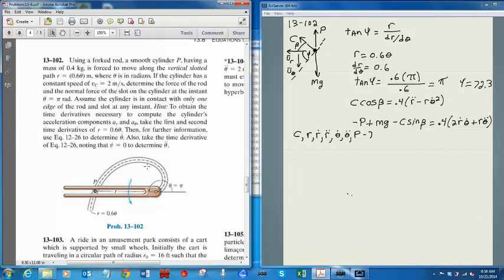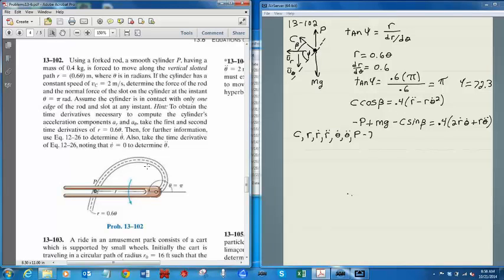Now, because the degree of freedom of this is 1, if I am given one motion, one term with a dot on it, I should be able to find all of the terms. If I'm given one term without a dot, the position, I should be able to find all the others. So I'm given that the position theta is pi, 180 degrees.